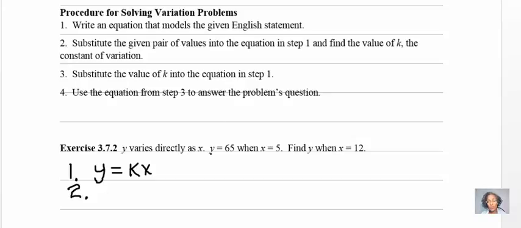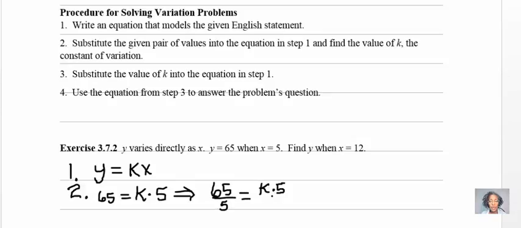Step 2. Let's substitute y equals 65 when x is 5 into our equation. This is going to allow us to find k. So we need to divide both sides by 5 in order to find the value of k.